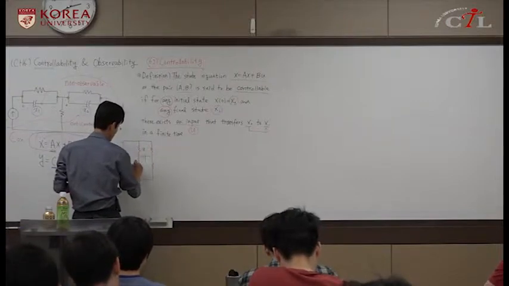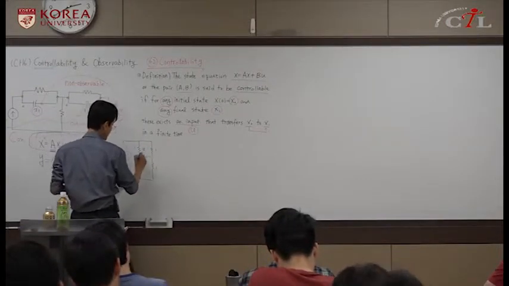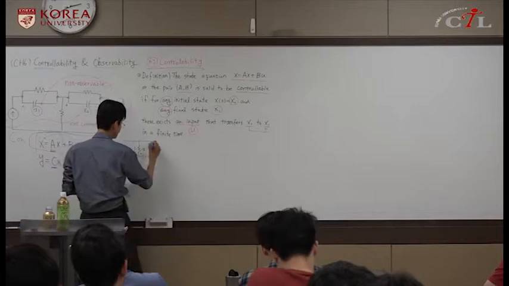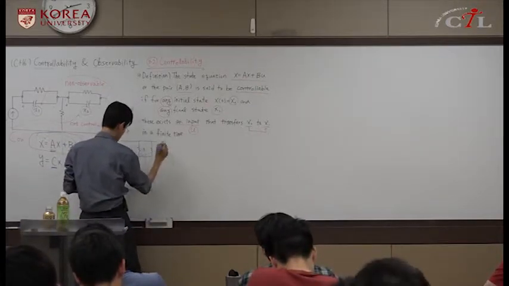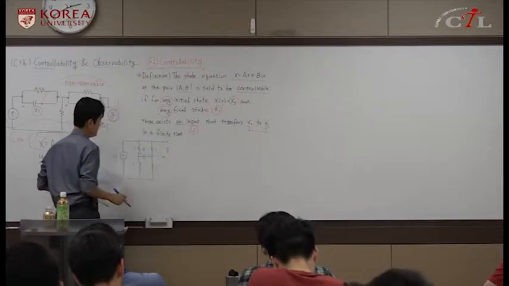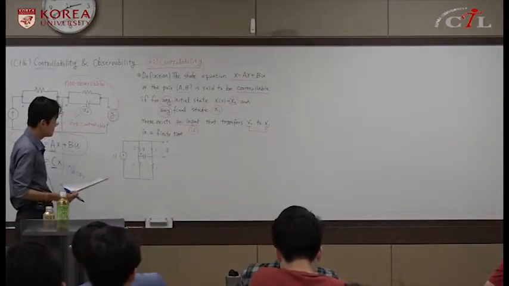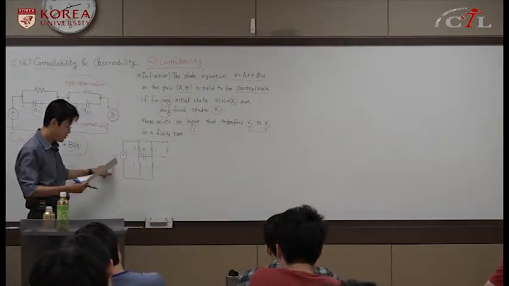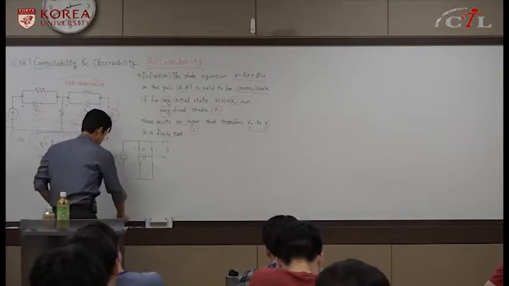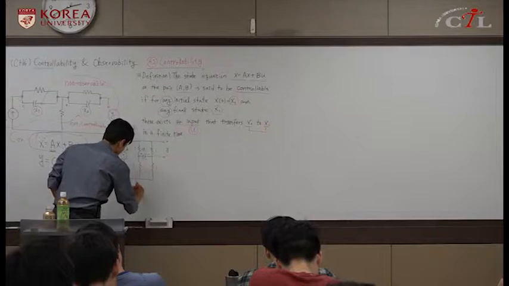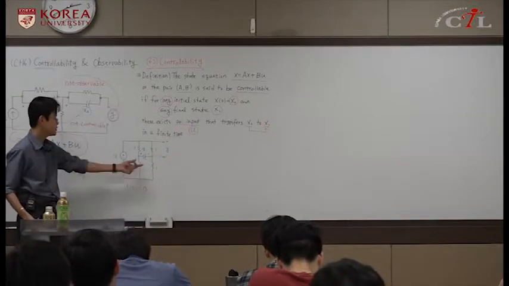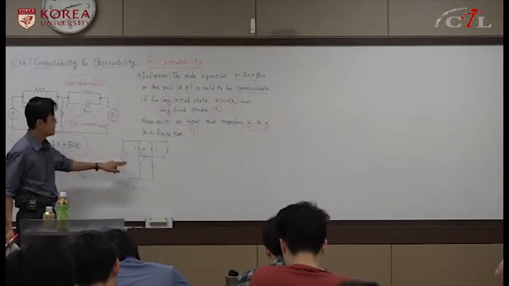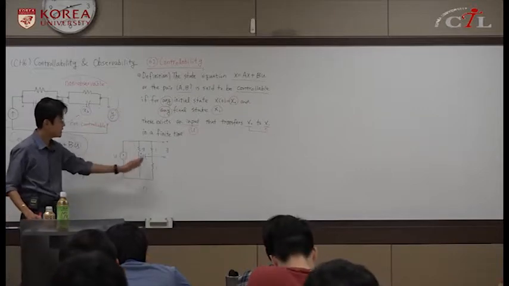If I say they have the same resistor, 1 ohm, and if I set the voltage on the capacitor as the state, this as input, and this as output, then because these two circuits are symmetric, whatever input u is given, and let's say the initial condition of x is zero, so initially there is no voltage, whatever input u is exerted, x is not changing because of symmetry.